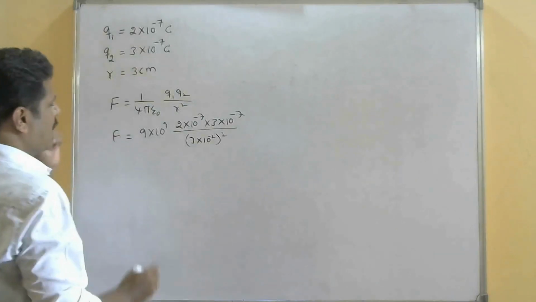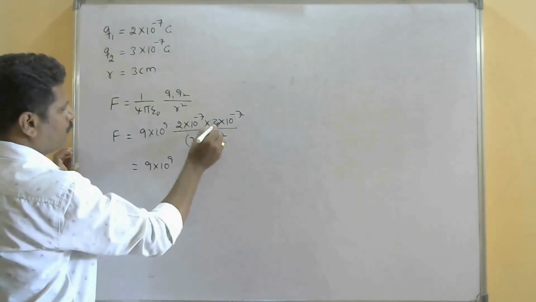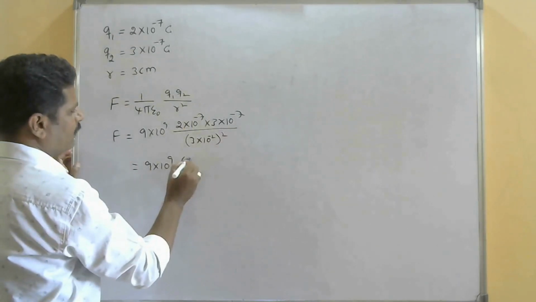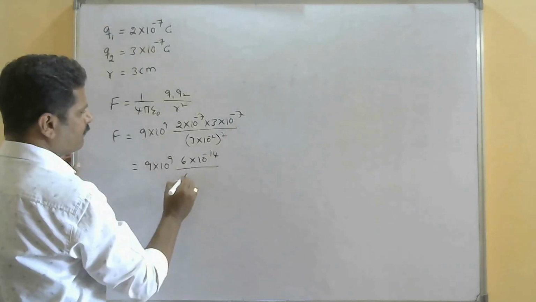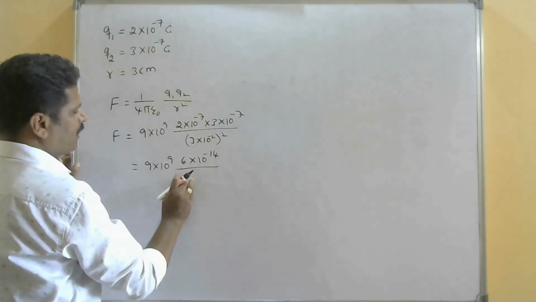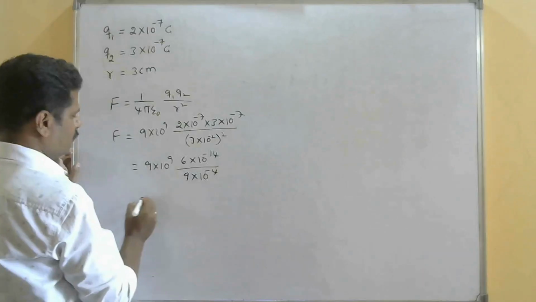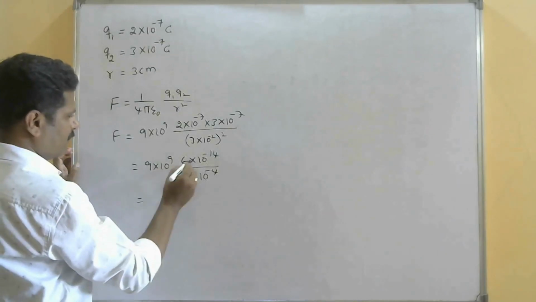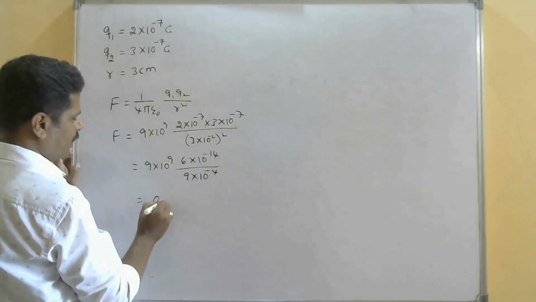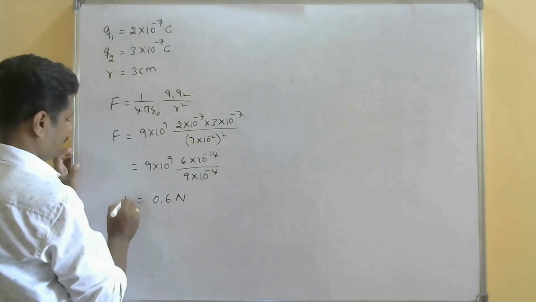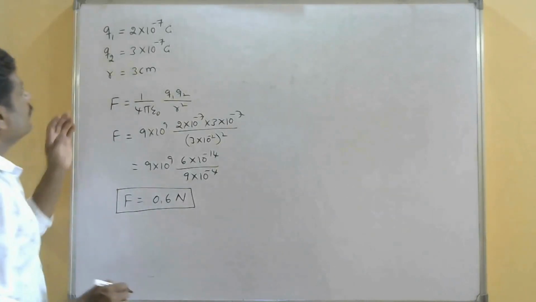On simplifying we get 9 into 10 raised to 9, 2 threes are 6, into 10 raised to minus 14, divided by 3 threes are 9 times 10 raised to minus 4. So this and this get cancelled, and we get 0.6 Newton. This is the force that exists between these two charges.